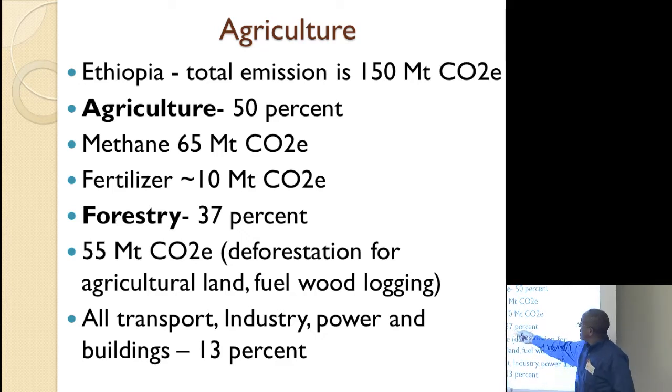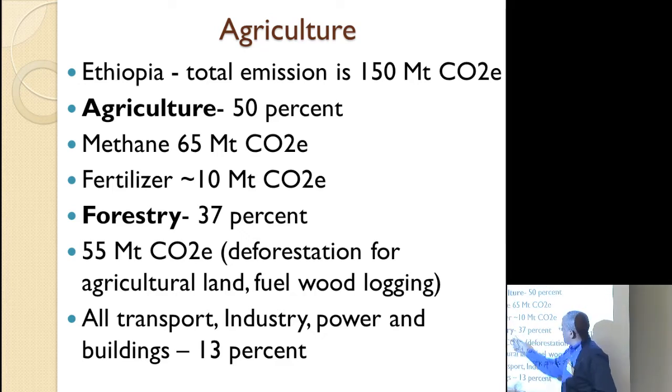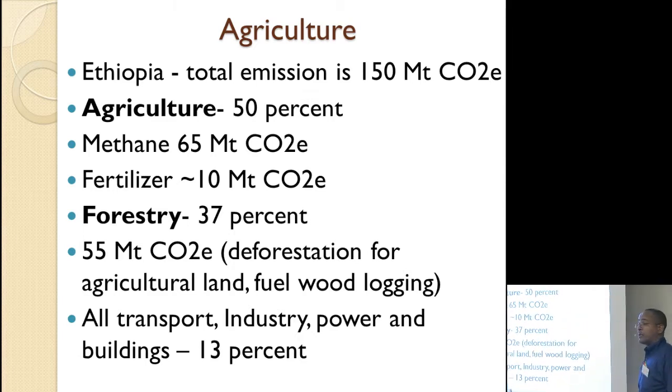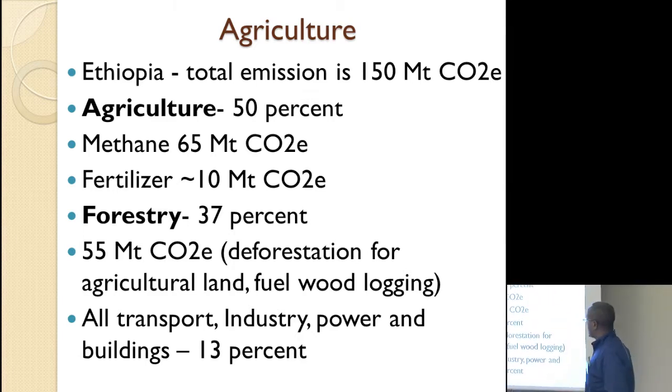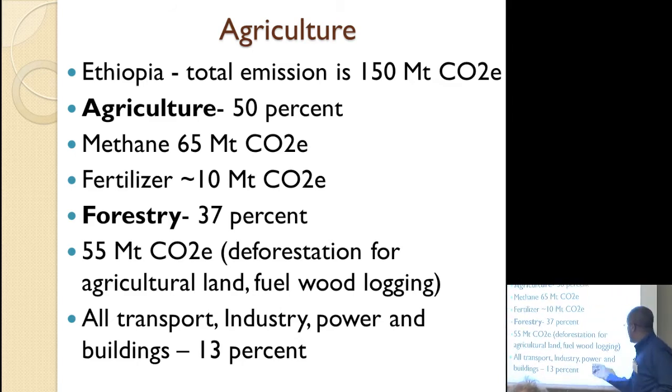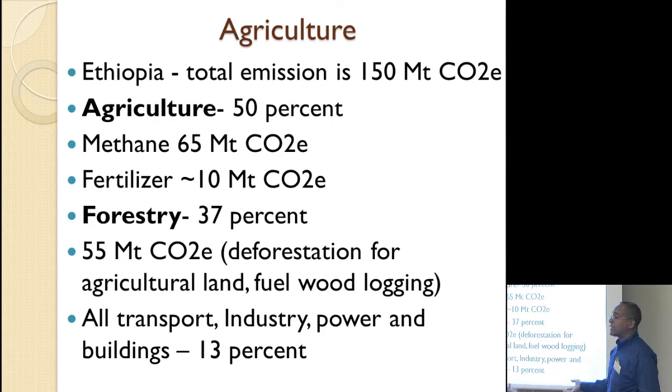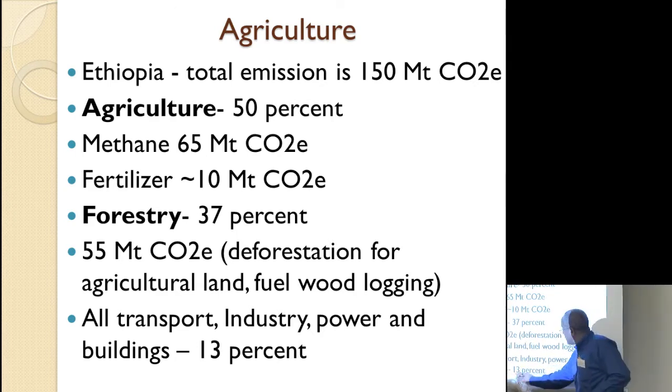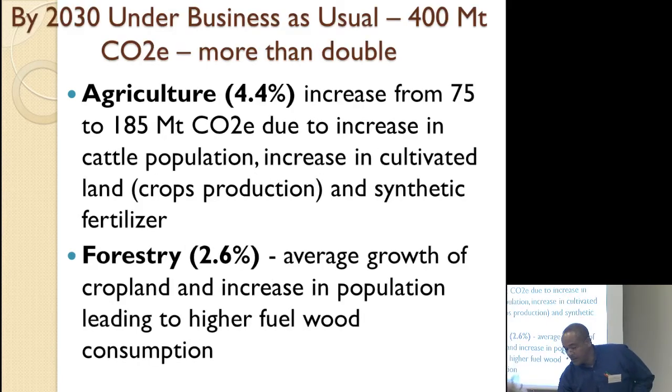The second is 37% from forestry. Altogether they account for over 87% of the total greenhouse emission. Transport, industry, and power, including buildings, which are very high in the Western world, are very small here. That is only 13%, which is more or less insignificant because of the level of development.